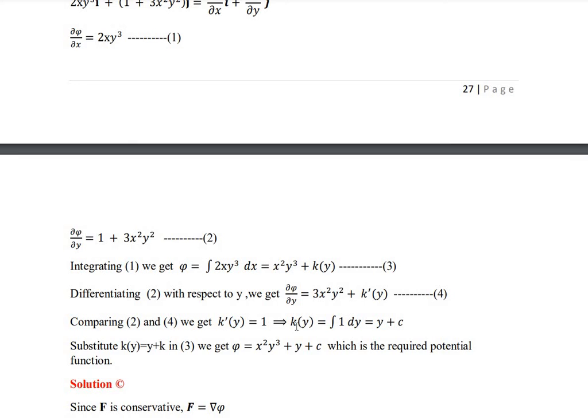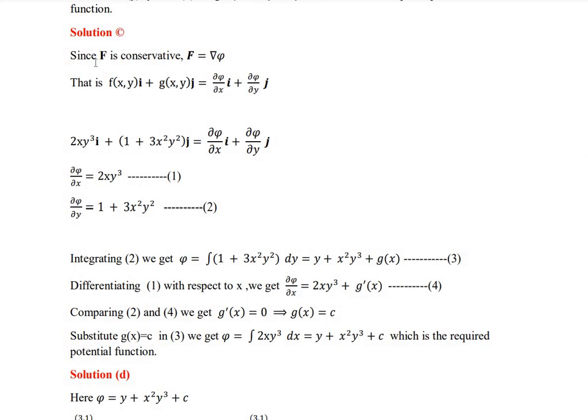Therefore k of y, you can integrate 1 with respect to y, you will get y plus the constant c. So k of y is equal to y plus c. We can substitute this in equation number 3. So you will get phi is equal to x squared y cubed plus y plus c, which is the required potential function.